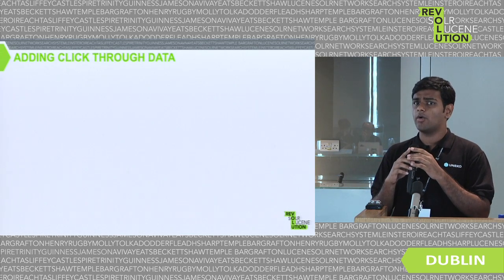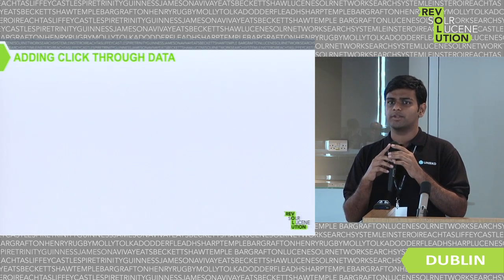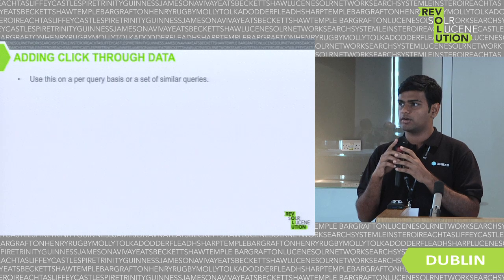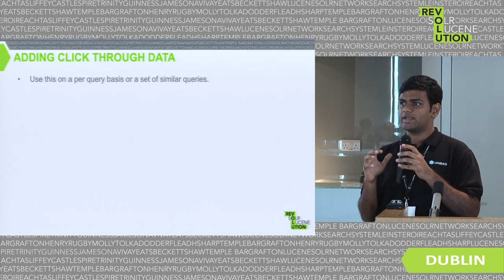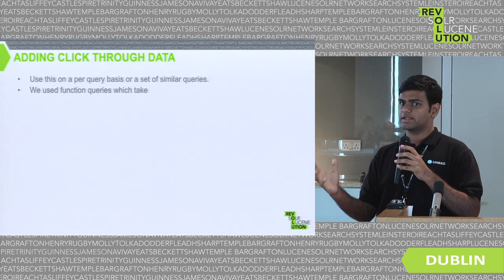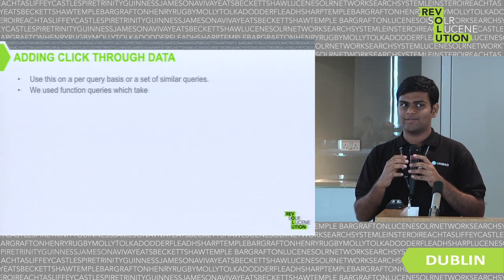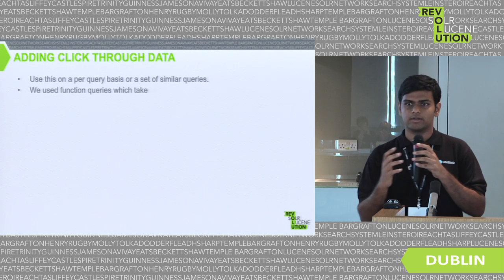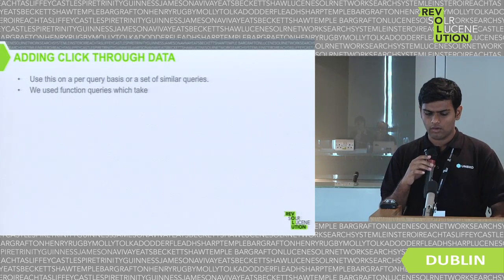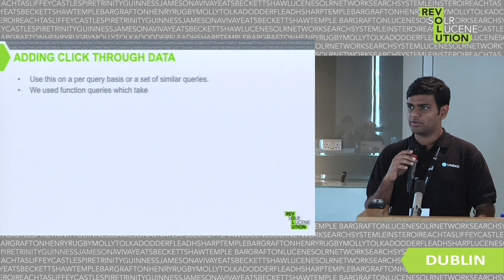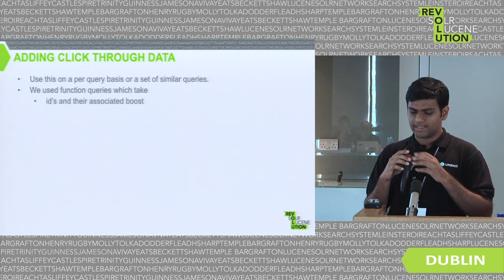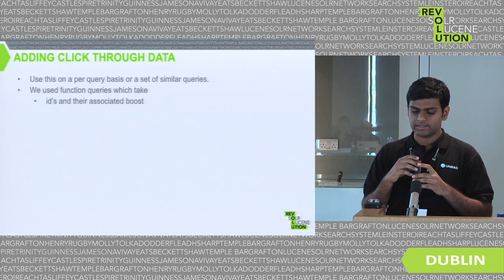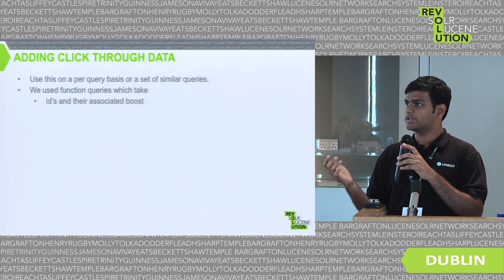How I would say adding click-through data would be good is to use it on a per query or a bunch of queries. So you could have these sets of queries and you want to apply this click-through data to them. You have this relation made up in your external application. Once you have this data, you would use a function query. Like I said, you would have these IDs and the associated boosts with them.